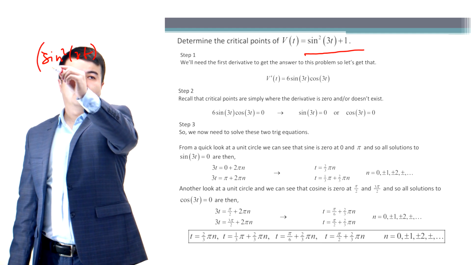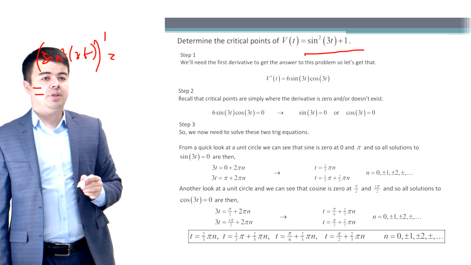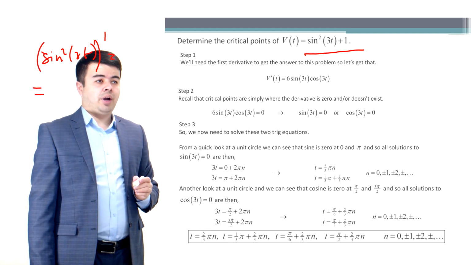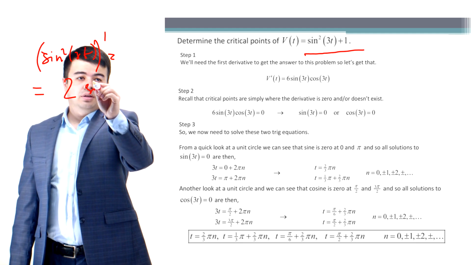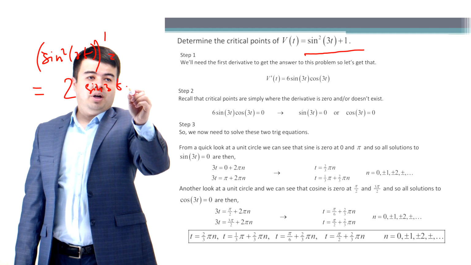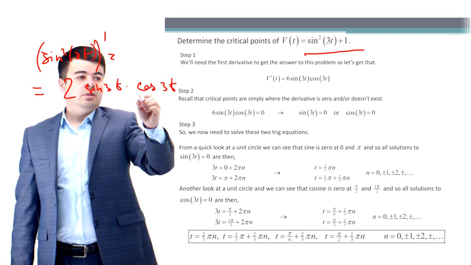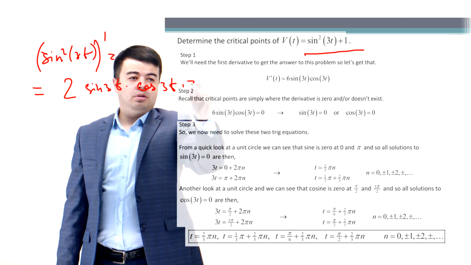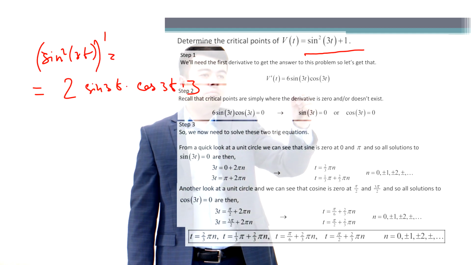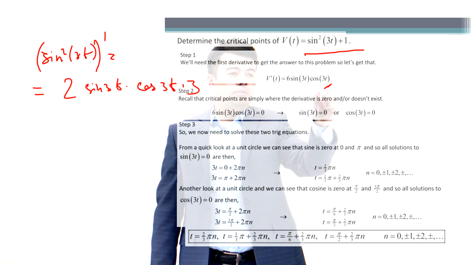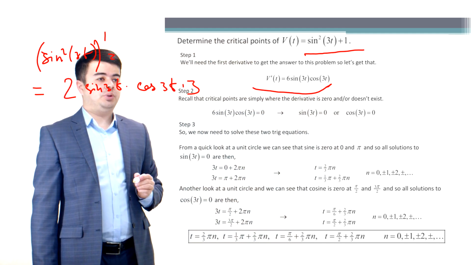Its derivative equals 2 times sine 3t multiplied by cosine 3t, and multiplied by 3, this constant. So it gives us this kind of function, and V prime equals this one.